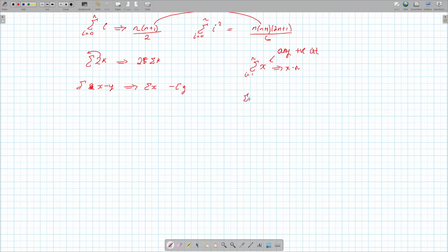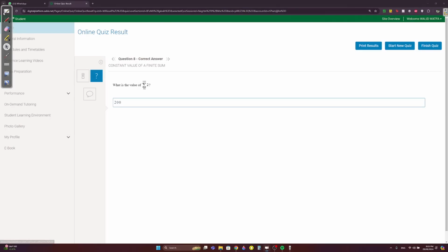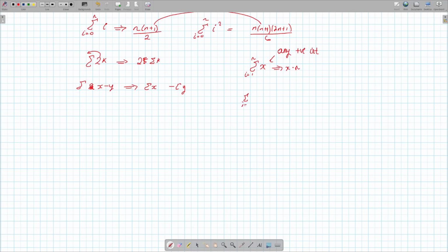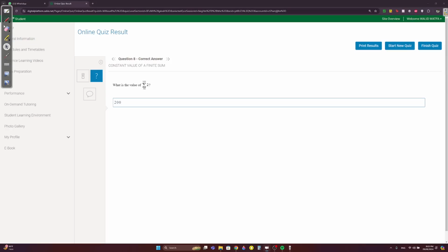What do I mean? What is sigma i equals 1 until 50 of, let's say, 7? Very easy. You're adding 7 50 times, so it's going to be equal to 350, 7 times 50. So instead of doing 2 plus 2 plus 2 plus 2, 100 times, you can just do 2 times 100 and you'll get 200.